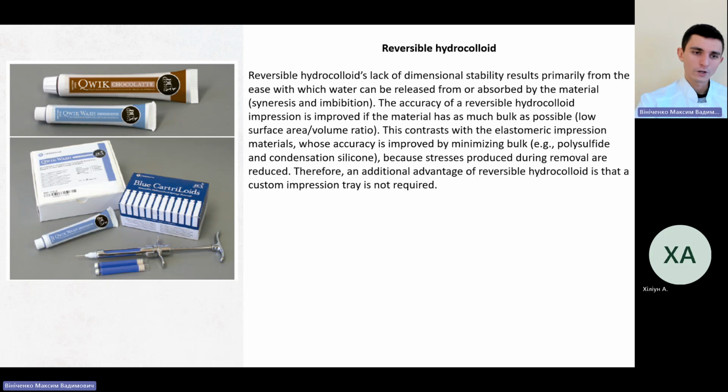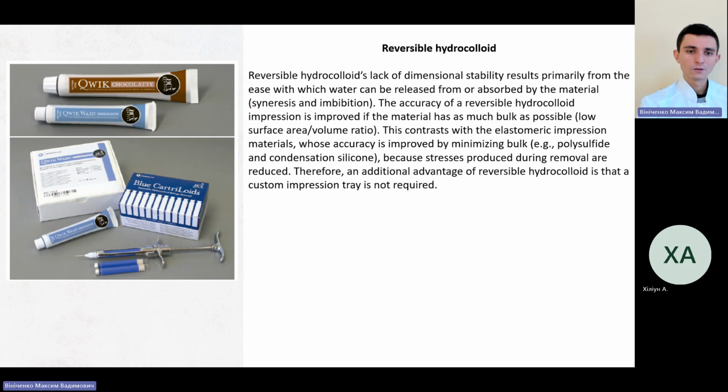Reversible hydrocolloid's lack of dimensional stability results primarily from the ease with which water can be released from or absorbed by the material, syneresis and imbibition. The accuracy of a reversible hydrocolloid impression is improved if the material has as much bulk as possible, a low surface area to volume ratio.